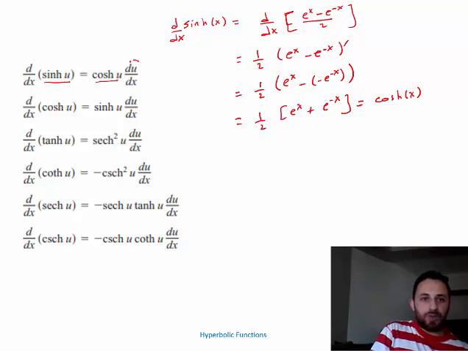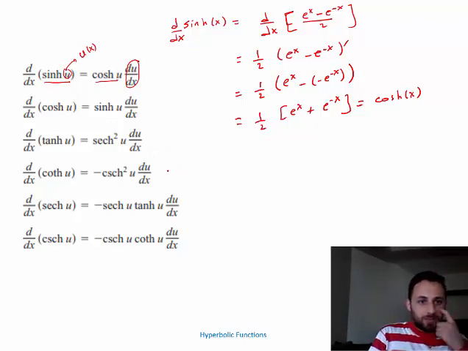Of course, we have the chain rule, du by dx, in case this u is some function of x. Alright, let's derive the derivative of tangent hyperbolic.